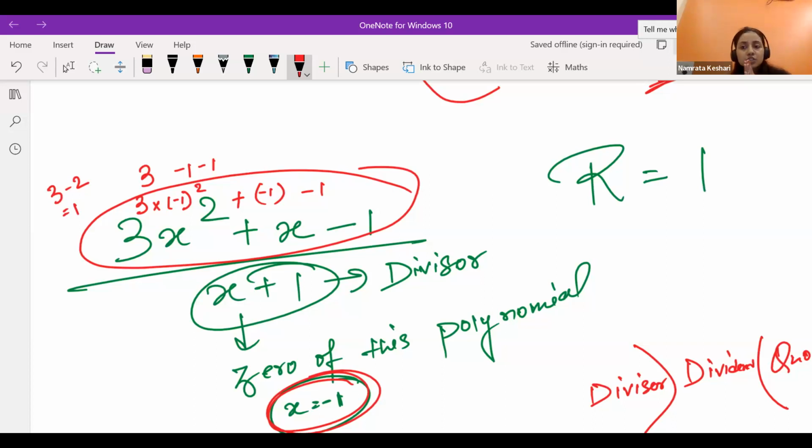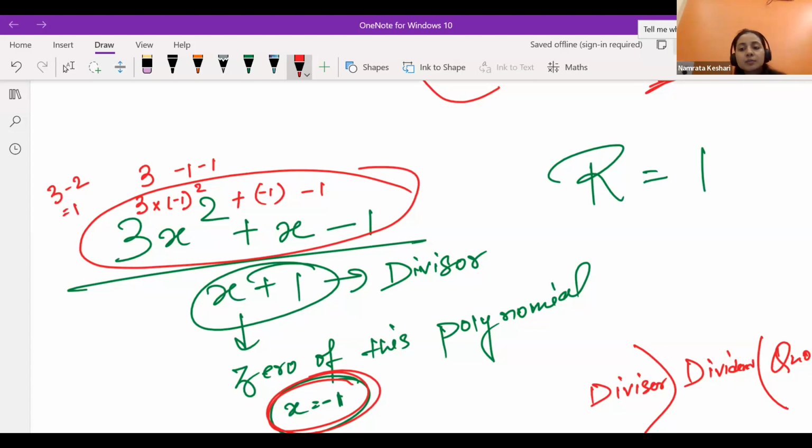If we only want the remainder, I have a short trick which will give us the remainder directly. The short trick is: find the zero of the divisor and put it in the dividend.